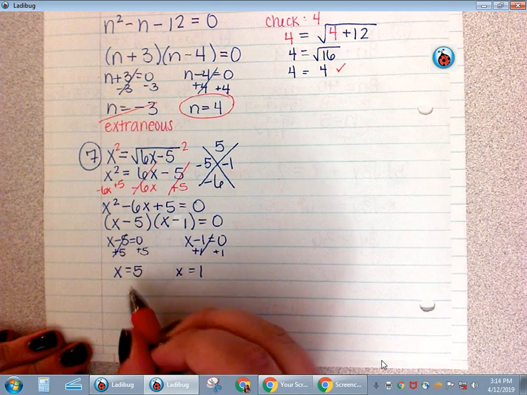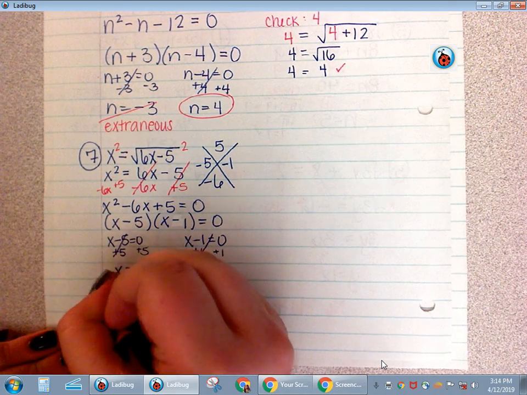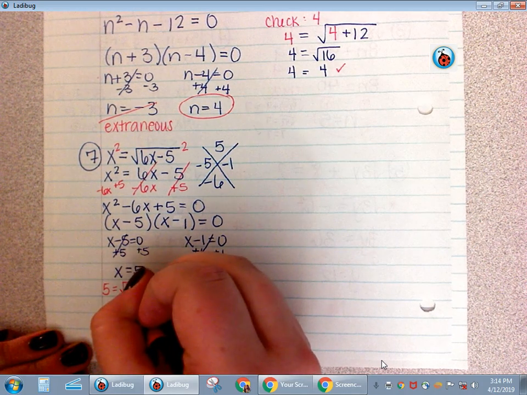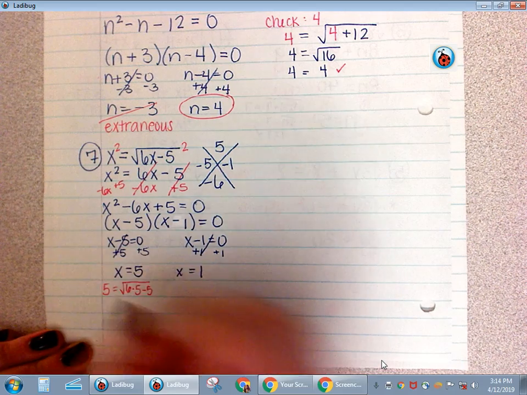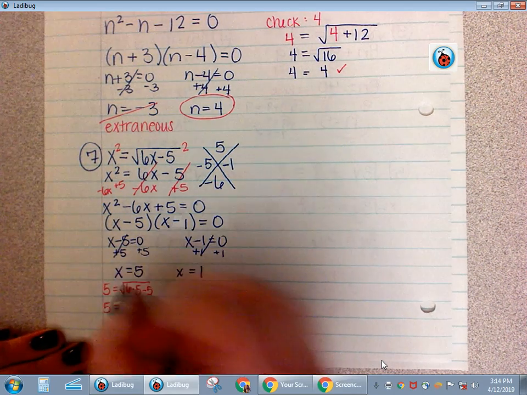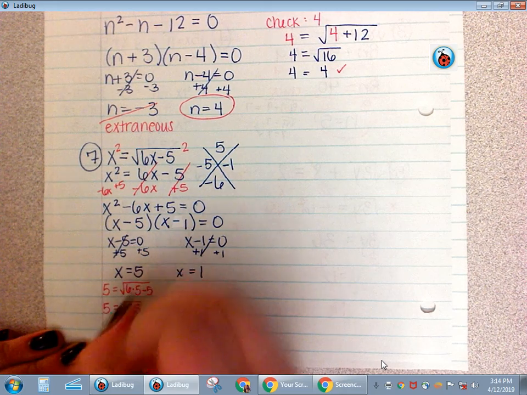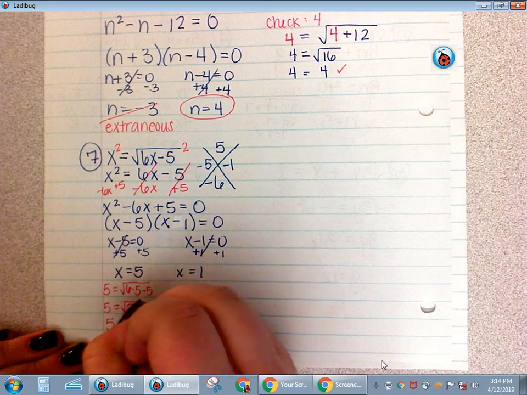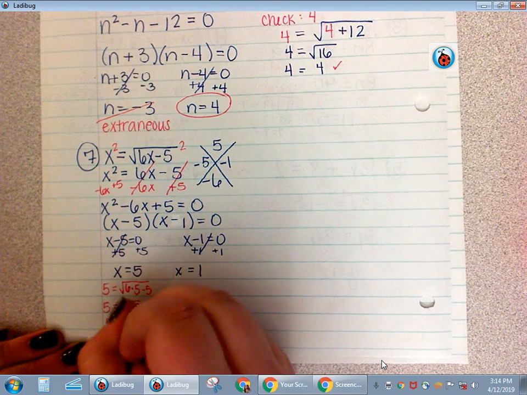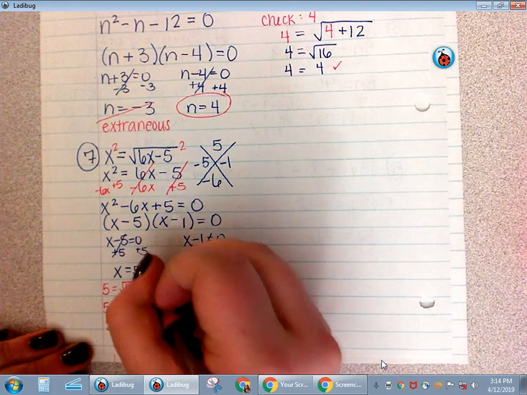Let's do some checks. So if I plug a 5 in, I would have 5 equals the square root of 6 times 5 minus 5. So 5 equals 6 times 5 is 30, minus 5 is 25, and the square root of 25 is 5. So this one checks out. So this one's good.